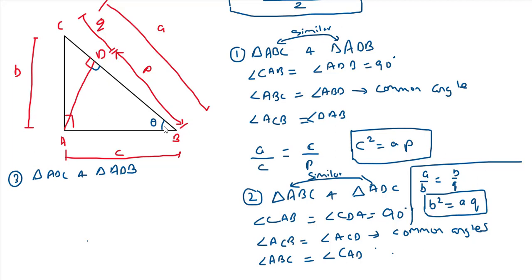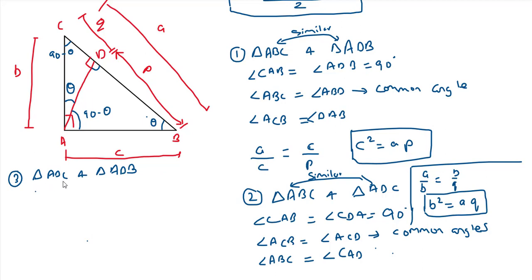If this angle is theta and this entire angle is 90 degrees, then this angle will be 90 minus theta. Now in triangle ADC, this angle is 90, this angle is 90 minus theta, so this angle will be theta. Similarly, in triangle ADB, this angle is 90, this is theta, so this portion will be 90 minus theta.